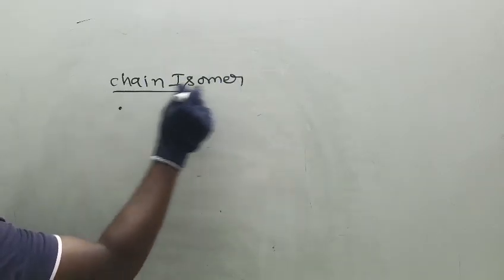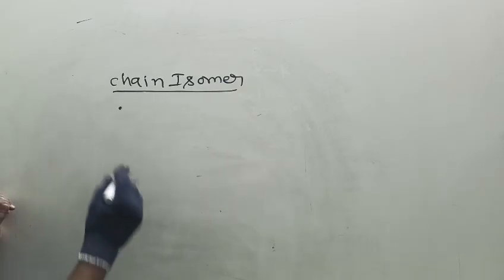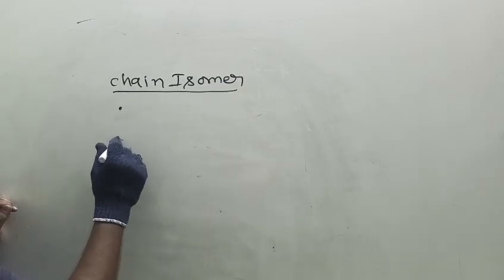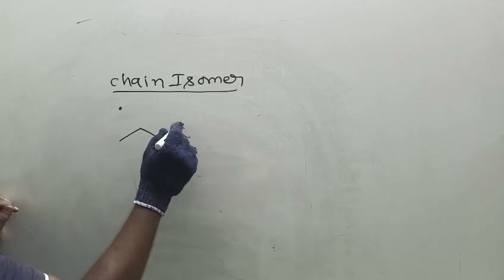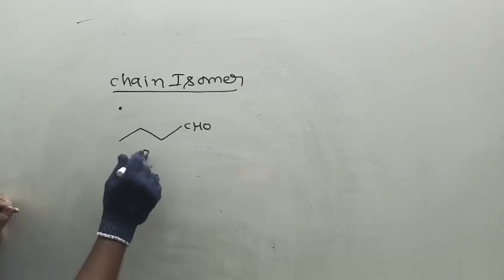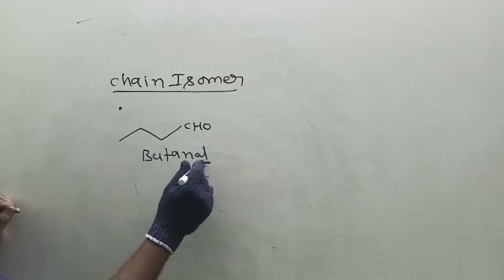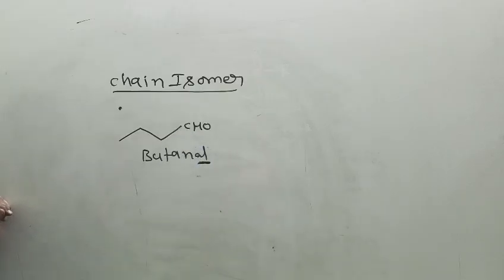Chain isomers differ in their carbon chain. For example, for aldehyde, I am taking a 4 carbon aldehyde. It is butanal. Al is the suffix of the functional group.